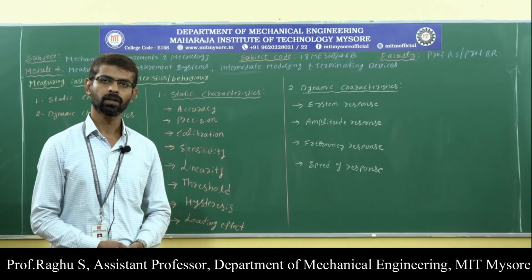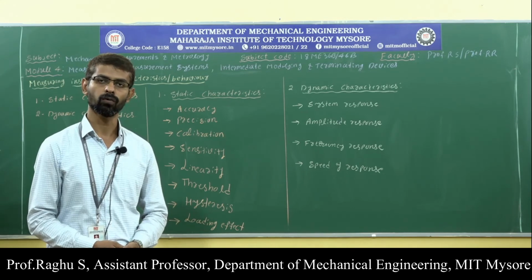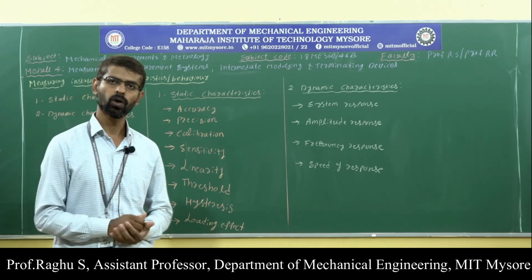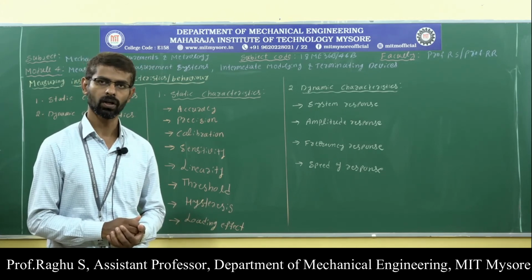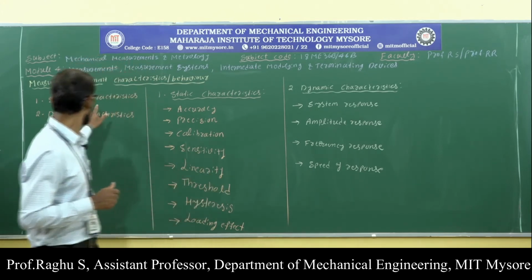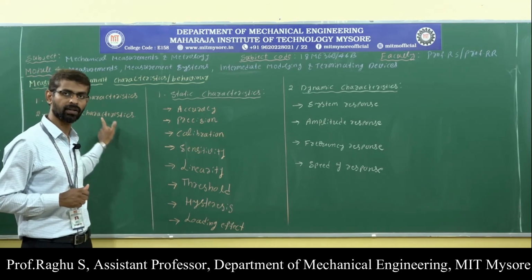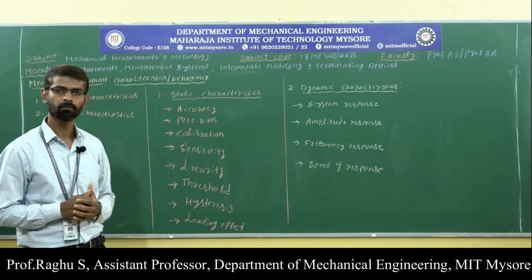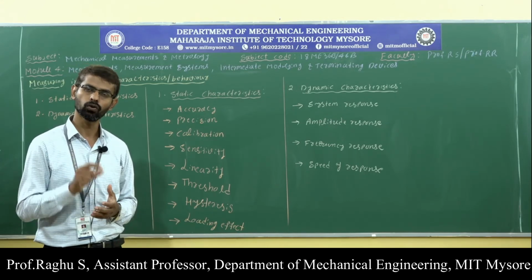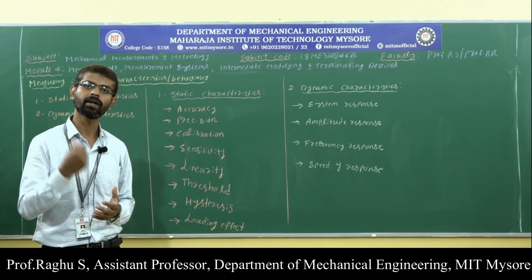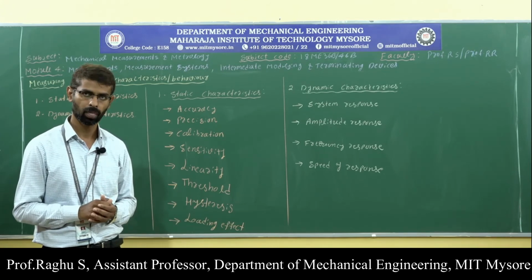Next we will discuss some static and dynamic characteristics of measuring instruments. The performance of a measuring instrument is described by using characteristics. Mainly we have two kinds: static characteristics and dynamic characteristics. Static characteristics are considered when the measuring instrument is used to measure physical quantities which are not varying with time.